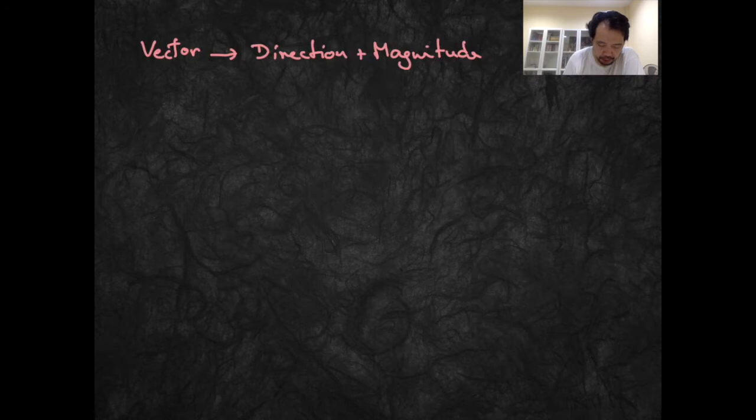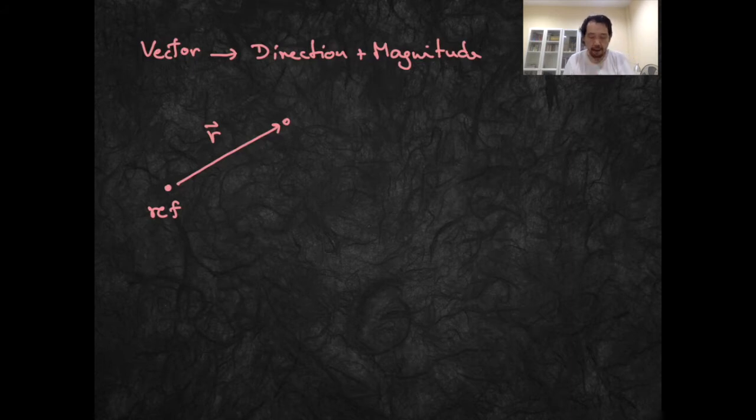We may say that the most basic vector is the position vector. The position vector is the vector that points from some reference point, for example yourself, to some point that you want to specify its position. Okay, so if you are a reference and you want to specify the position of an object at position P, you can use the position vector to point from you to that object.